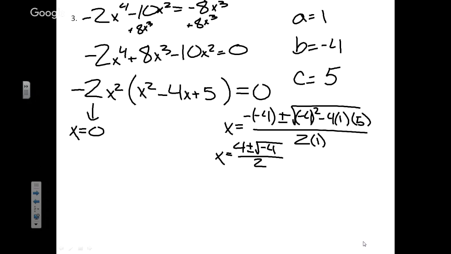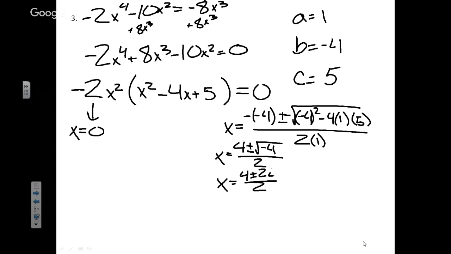So what's the square root of -4? Yeah, it's just going to be 2i. So then we have, make this a little lower, x equals 4 plus or minus 2i divided by 2.